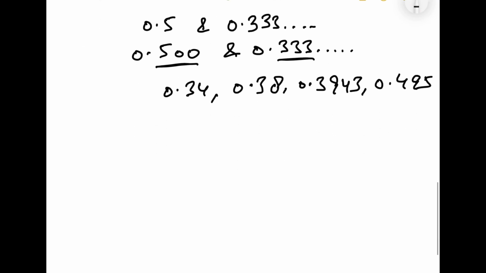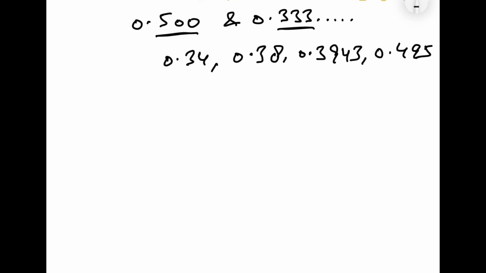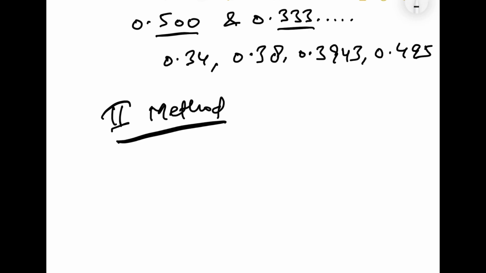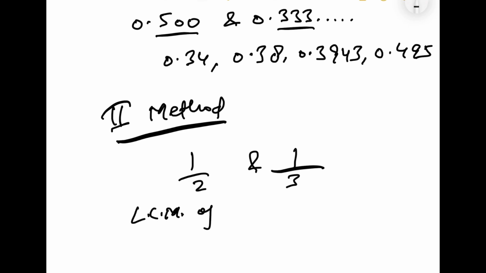And the second method is to change the denominators by taking the LCM. How can we change the denominators? Like, take the LCM of these denominators. LCM of 2 and 3 is 6.